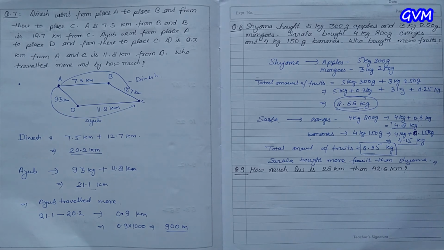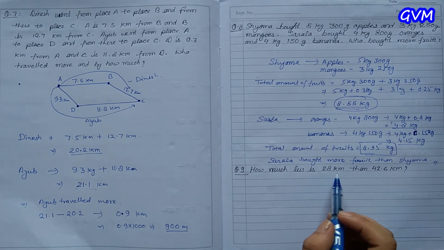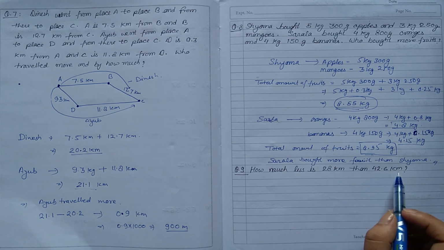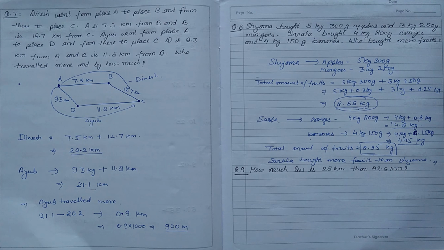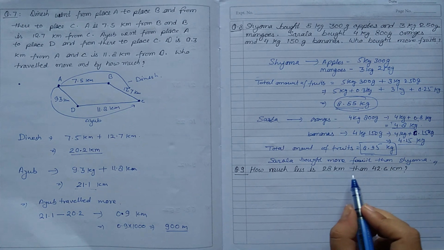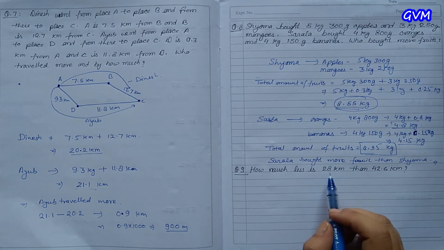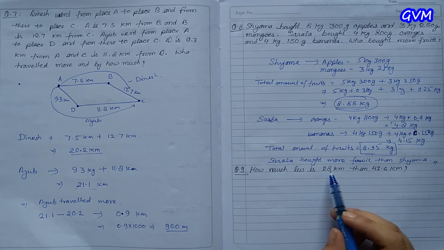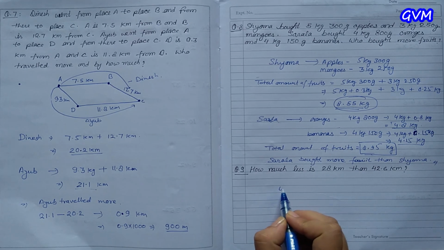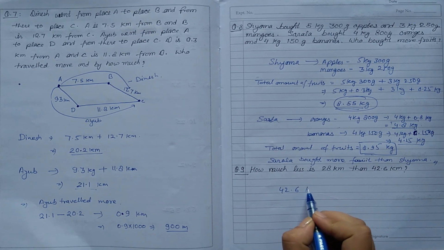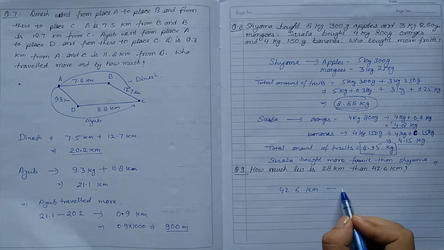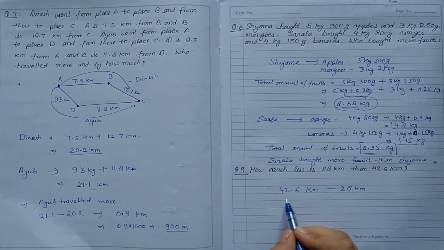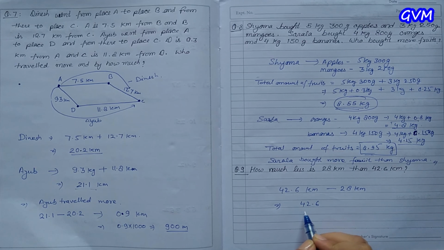Question number 9: how much less is 28 than 42.6 kilometers? Obviously, if we want to know how much less, we have to subtract 28 kilometers from 42.6 kilometers.